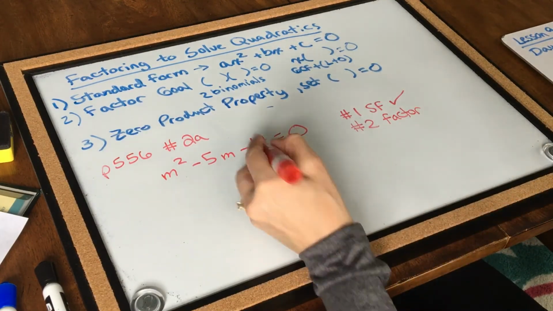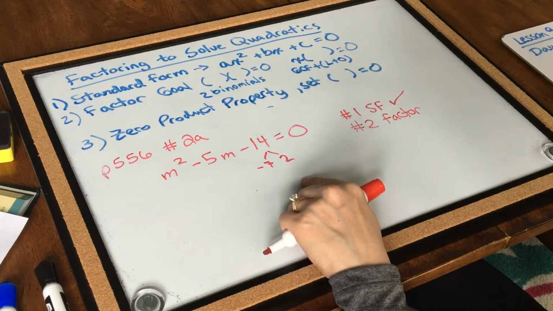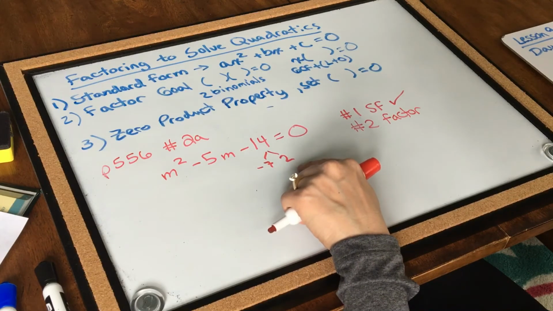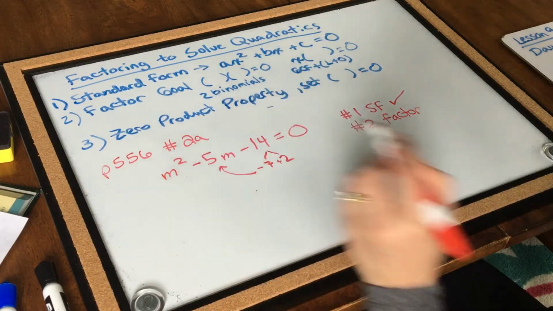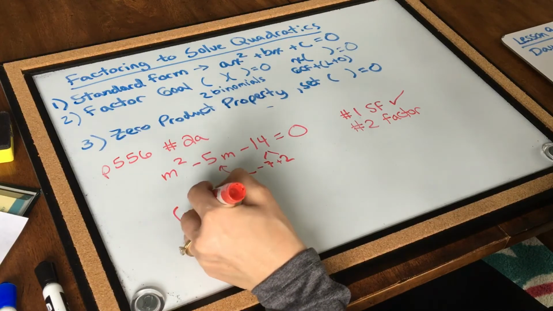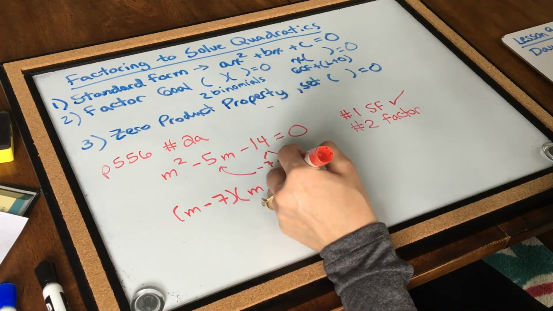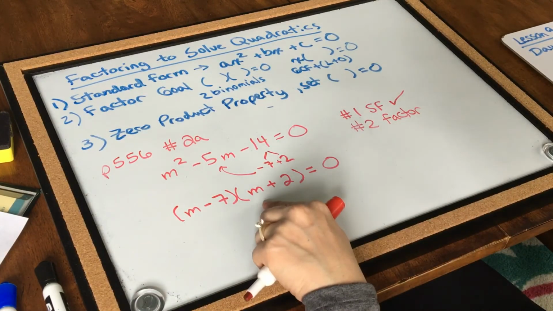So let's see if that works. Negative 7 times positive 2 would give me negative 14. And if I add these two together, negative 7 plus 2, that would give me my middle term of negative 5. Okay, so my factored form is going to be m minus 7 times the quantity m plus 2 equals 0. Okay, so I have my factored form.